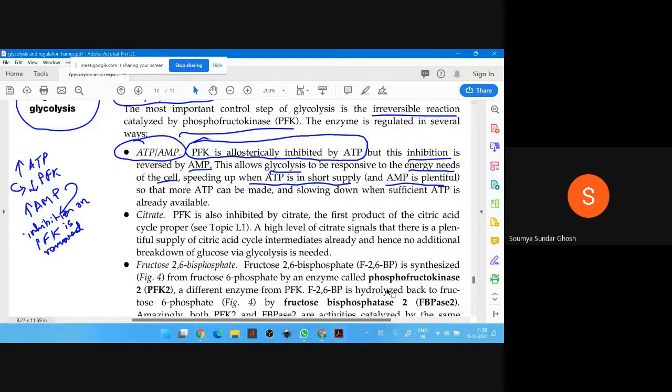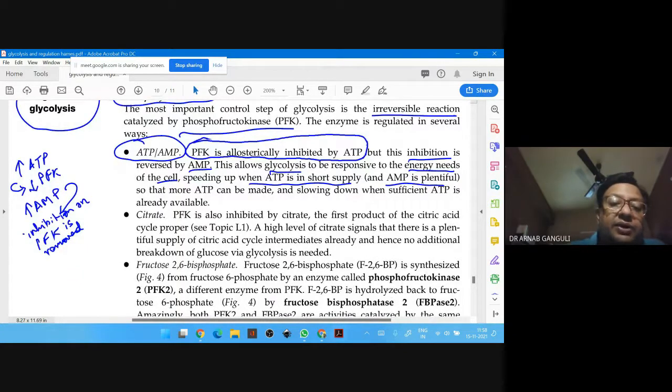Yes, sir. Then the next one to stop is citrate. PFK is inhibited by citrate, the first product of the citric acid cycle or TCA cycle. So this pyruvate enters into the TCA cycle or Krebs cycle, and the first product is citrate.